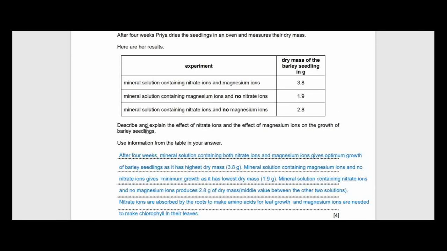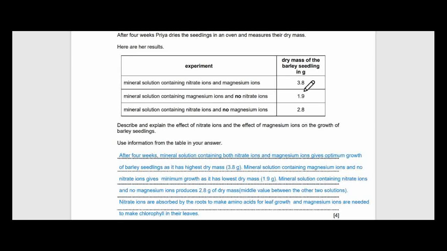This is one example of a correct answer. After 4 weeks, the mineral solution containing both nitrate and magnesium ions gives optimum growth of the barley seedling as it has the highest dry mass, 3.8, while the mineral solution containing magnesium ions and no nitrate gives minimum growth as it has the lowest dry mass.